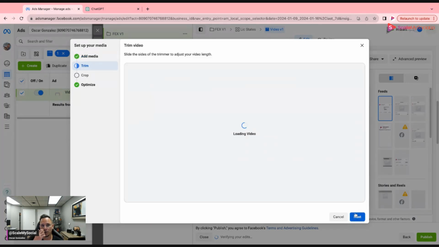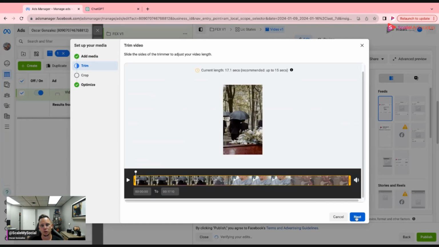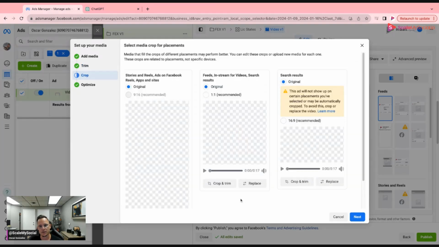Now remember, when you create your videos on Canva, make sure that you try to get all your different sizes: vertical, horizontal, and square. That's going to help Facebook get this in all the proper placements that it has available to show your ad. So we hit next.